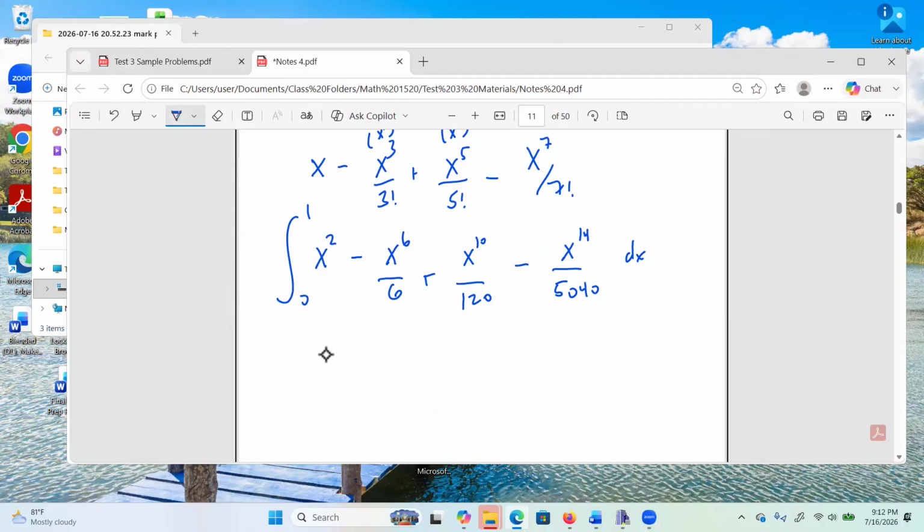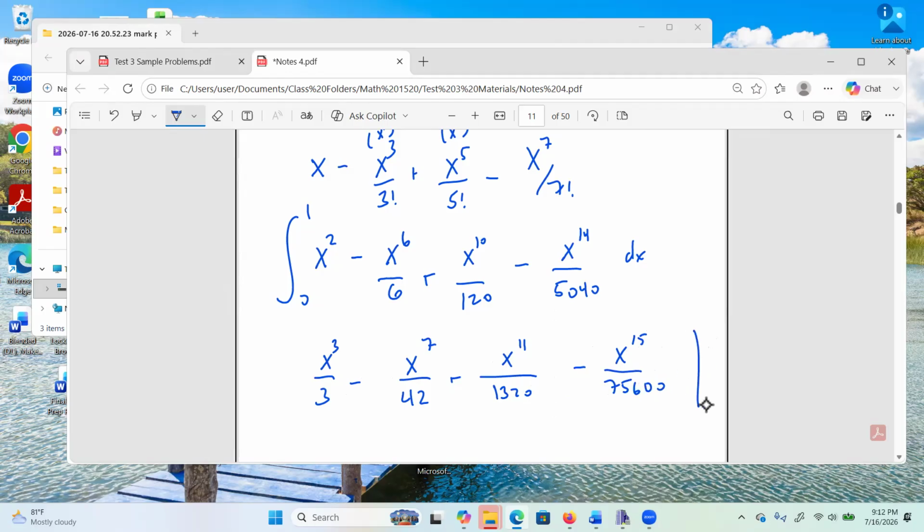So this is going to be x cubed over 3 minus x to the 7 over 6 times 7, which is 42, plus x to the 11 over 11 times 120, which I calculated to be 1320, and then minus x to the 15th over 15 times 5040, which is 75600. Of course it is.